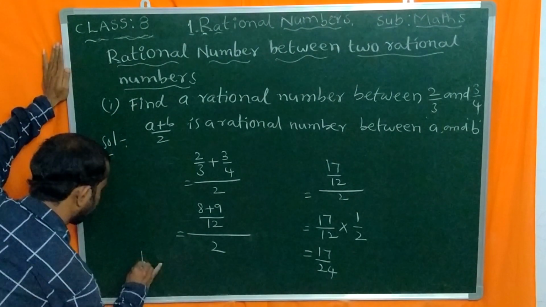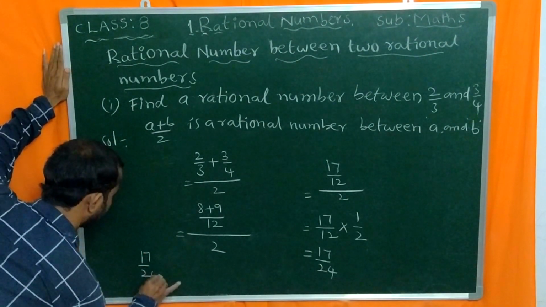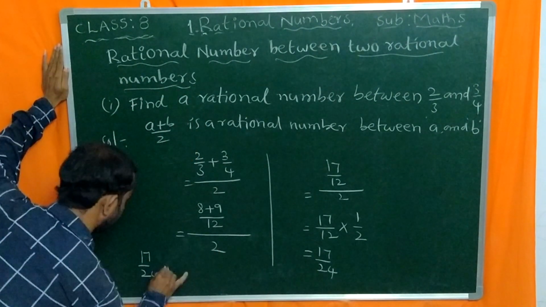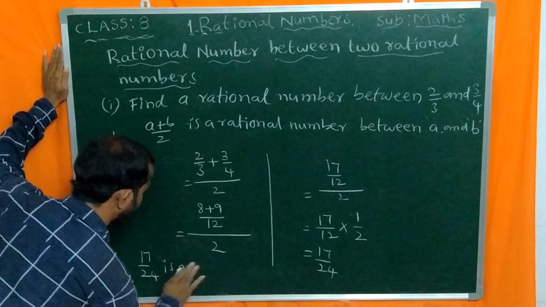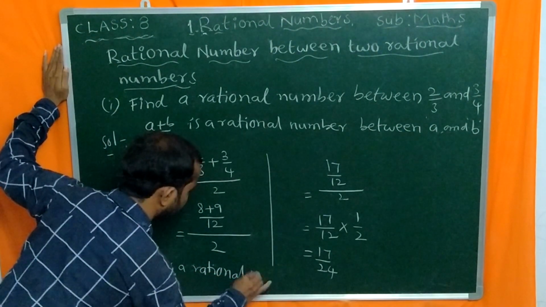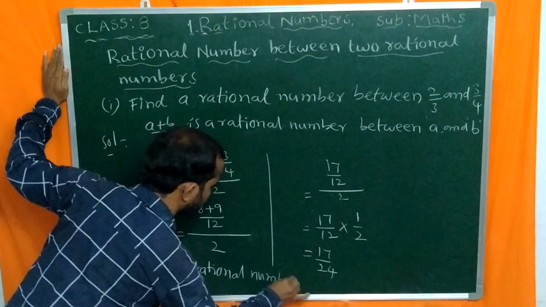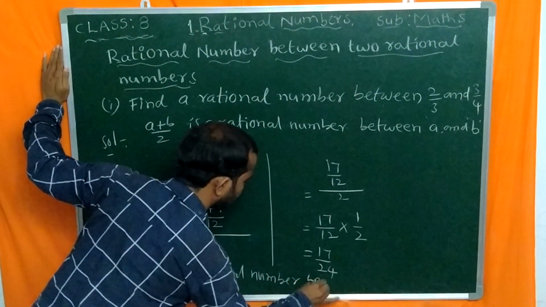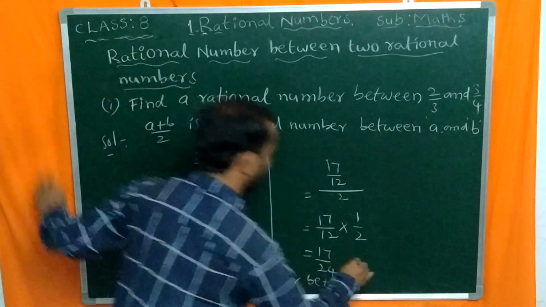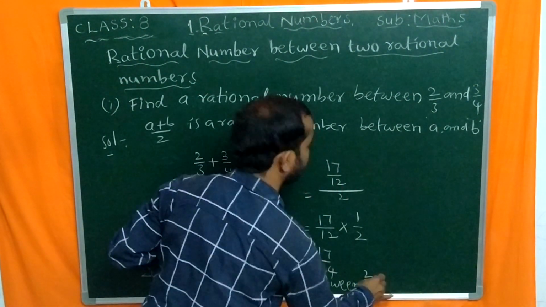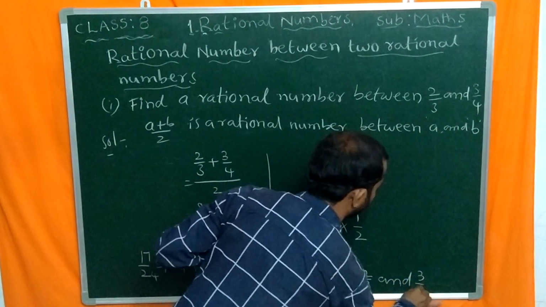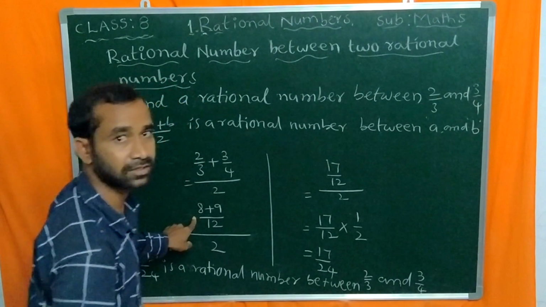Okay, 17/24 is a rational number between 2/3 and 3/4.